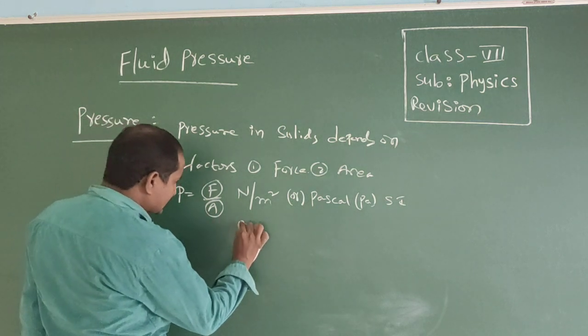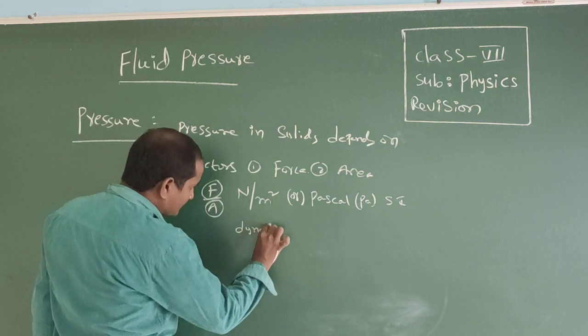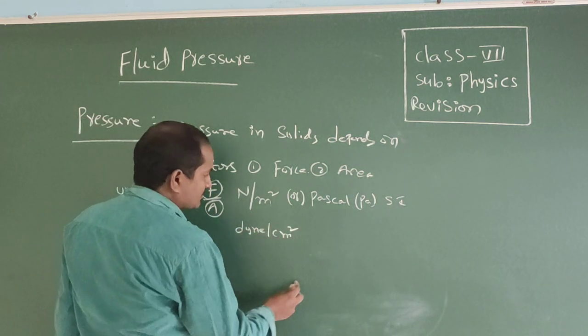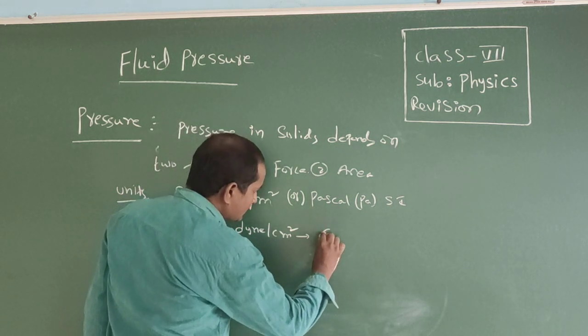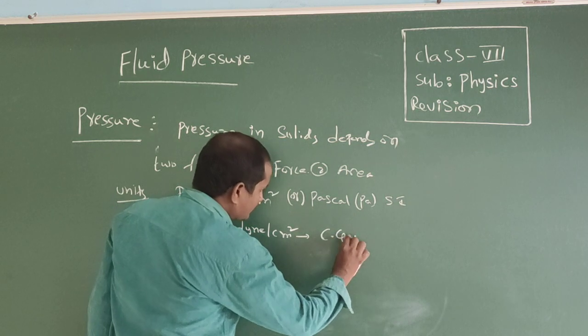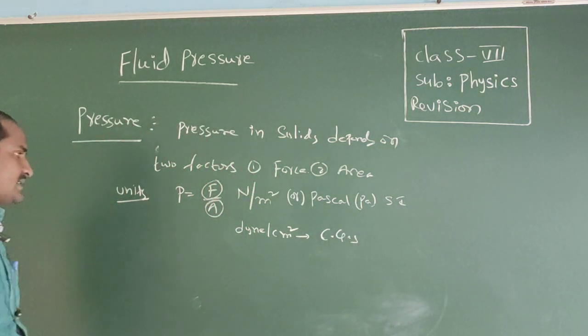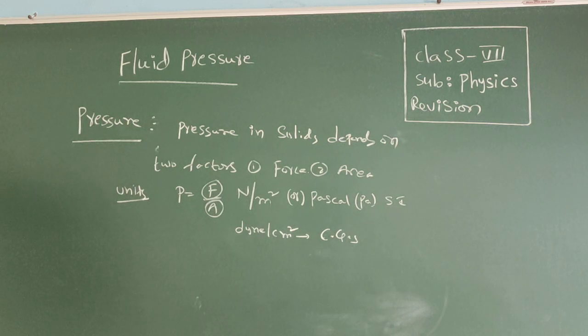Now dyne per centimeter square is the unit of pressure in the CGS system. The SI unit of pressure is Newton per meter square, and the CGS unit of pressure is dyne per centimeter square.